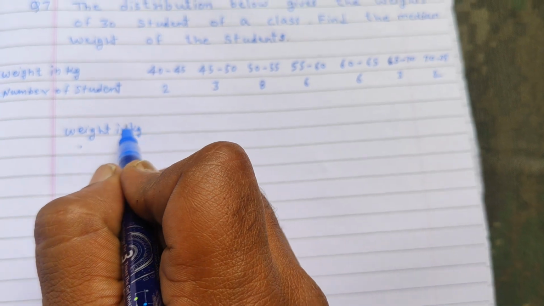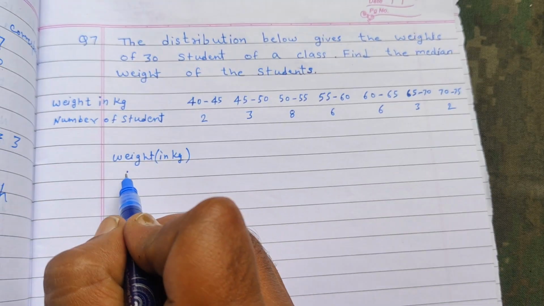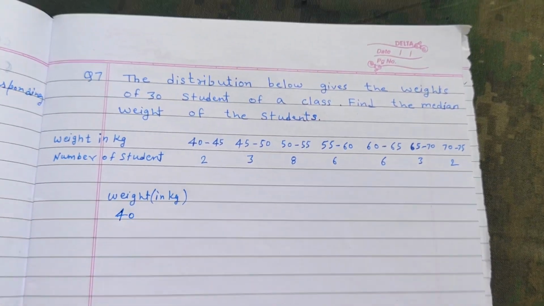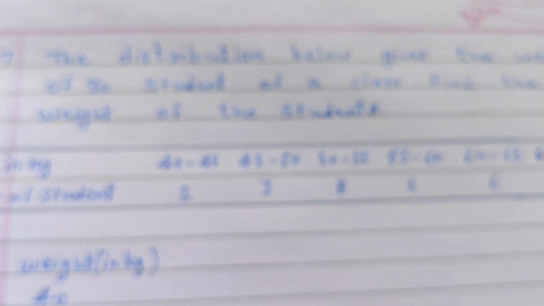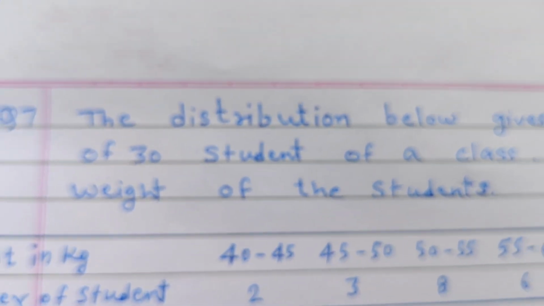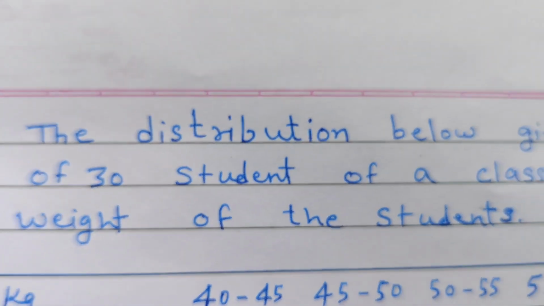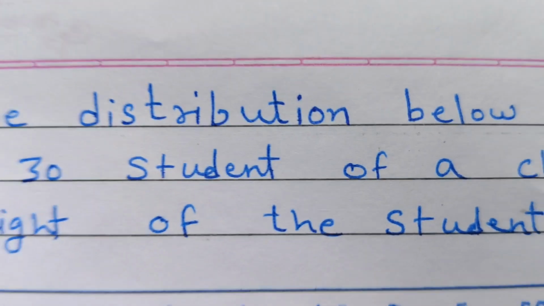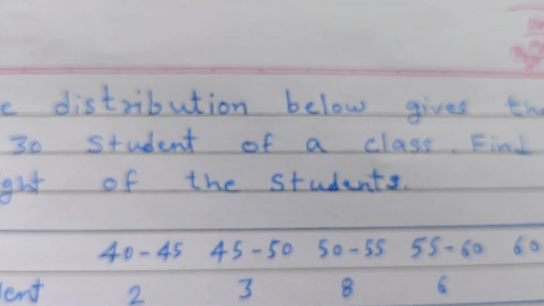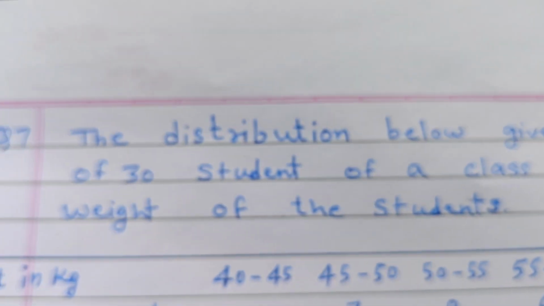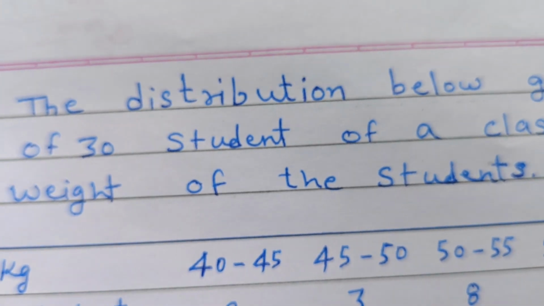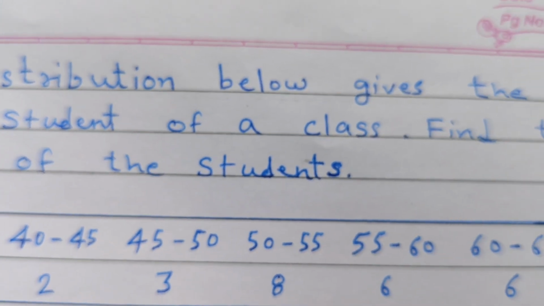Question number 7. The distribution below gives the weights of 30 students of a class.